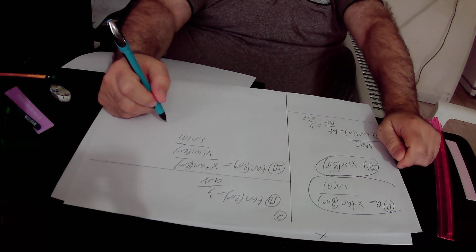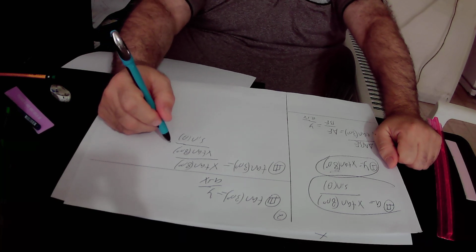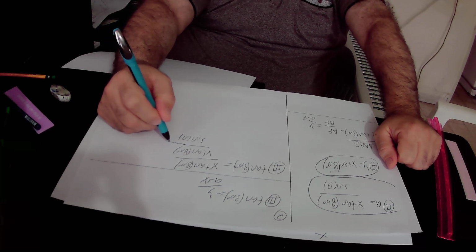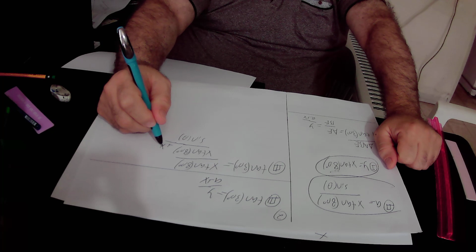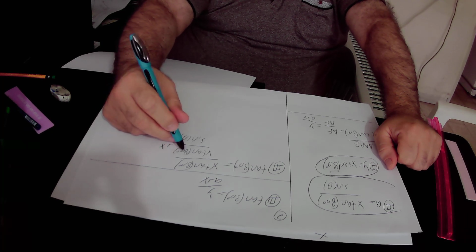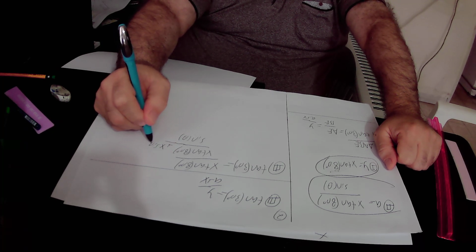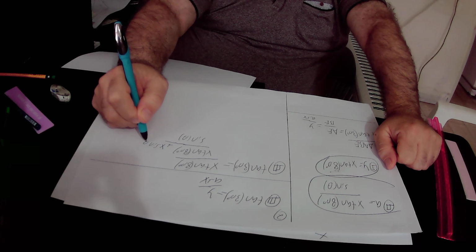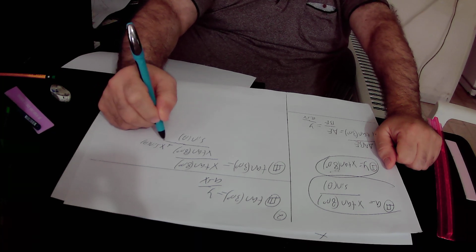Here we will multiply X by sine theta and then divide it by sine theta in order to have a common factor with this expression. X sine theta over sine theta equals X, so we change nothing.